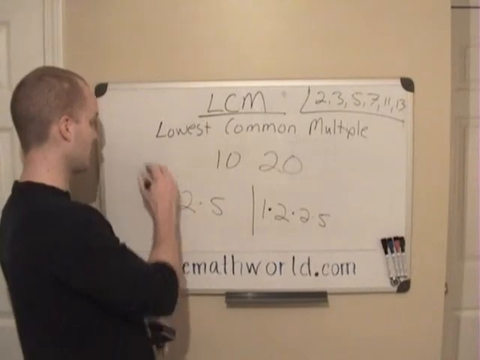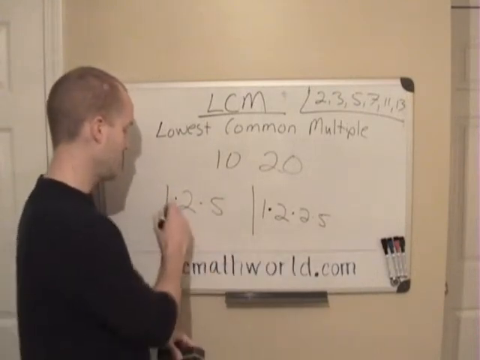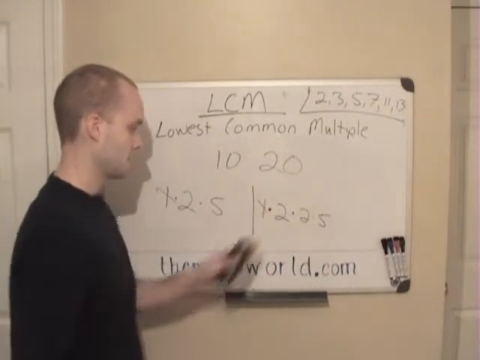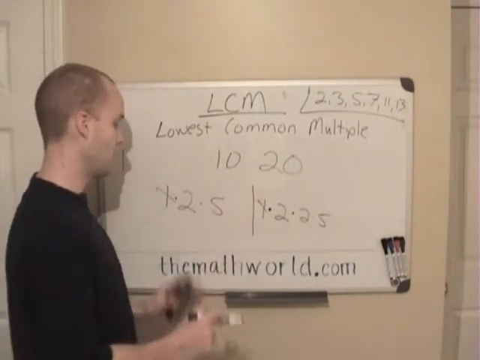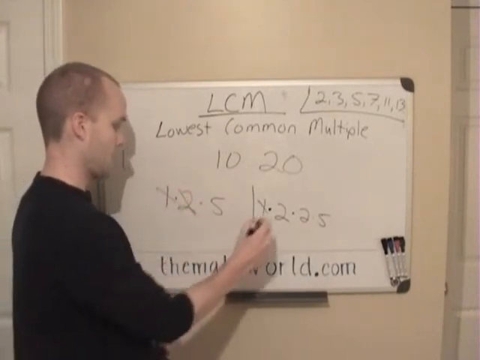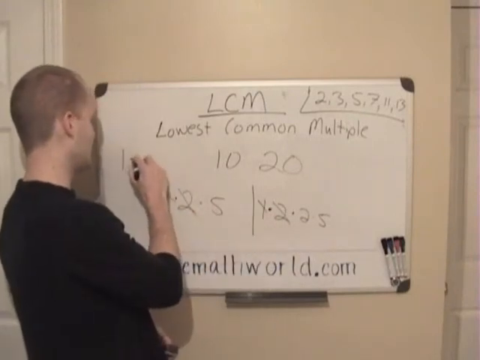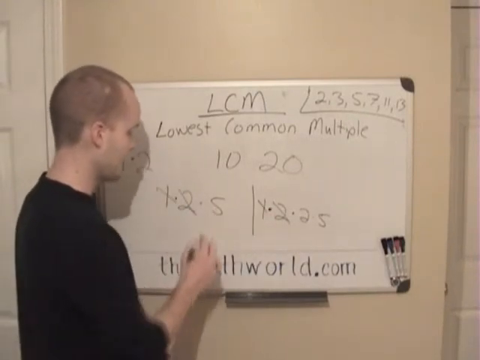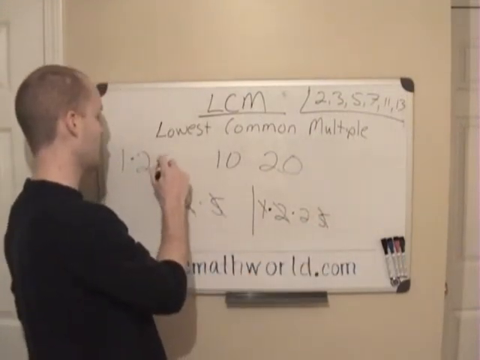So the first thing we're going to do is look at 1. So we have 1, and we're going to go through the list and cross out each one that's in each section. So there's a 1 in each of them, so I'm going to cross out the 1. 2, you only cross out 1, so I cross out a 2 here and a 2 here, so times 2. And then a 5, I'm going to cross out a 5 here and a 5 here, so times 5.